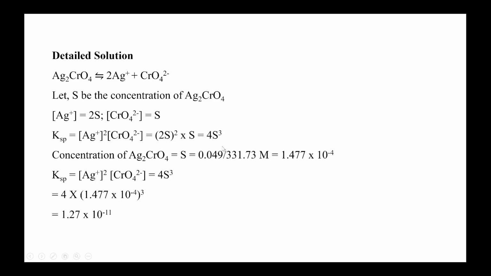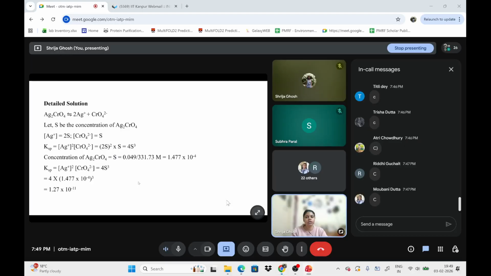So grams per liter divided by molecular weight gives you the molarity, that is the value of S. From that you can simply calculate 4S cube: take the cube of this and then multiply it with 4, and you will get the final answer, that is the solubility product of Ag2CrO4 or silver chromate.